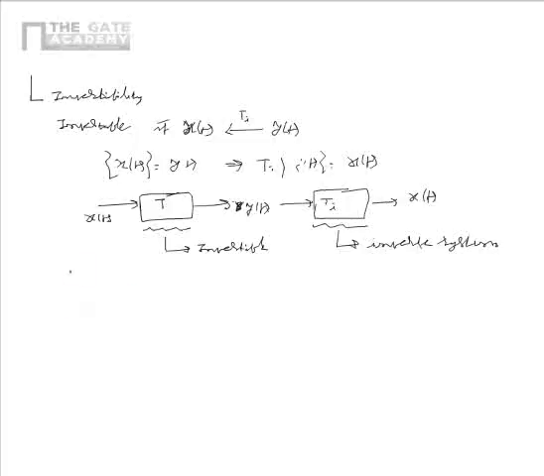Mathematically, the given transformation y of t equal to transformation of x of t should be 1 to 1 and onto for the given system to be invertible. The same analogy can be extended to discrete time systems as well.